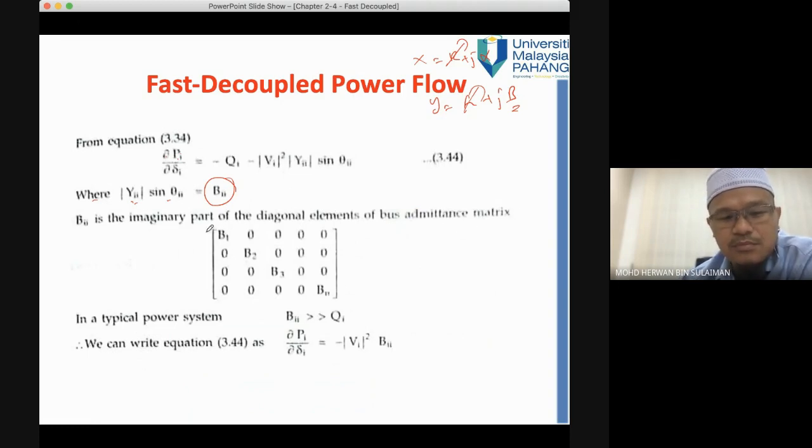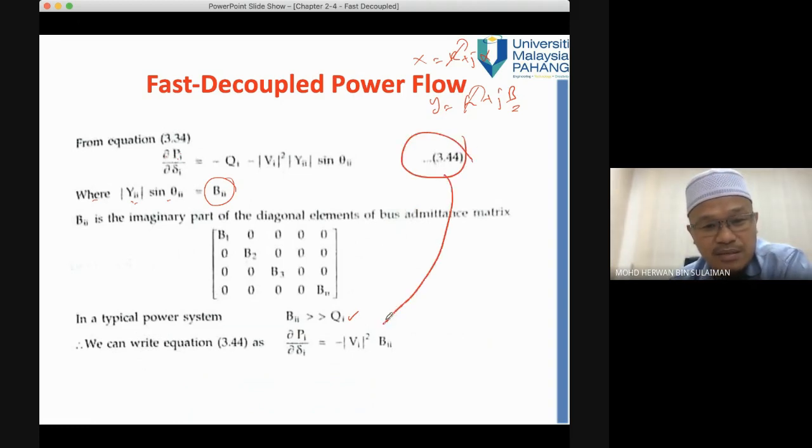Okay. And also to make it simpler, in the typical power system, kita assume value B ni biasanya is much greater to Q. Tu yang you kira, you boleh prove. There is a proof. Ni dia cuba proof yang B ni dia much greater. Sama macam kita prove R much greater to X. So B much greater to Q. And then this equation can be simplified again as ini ya.